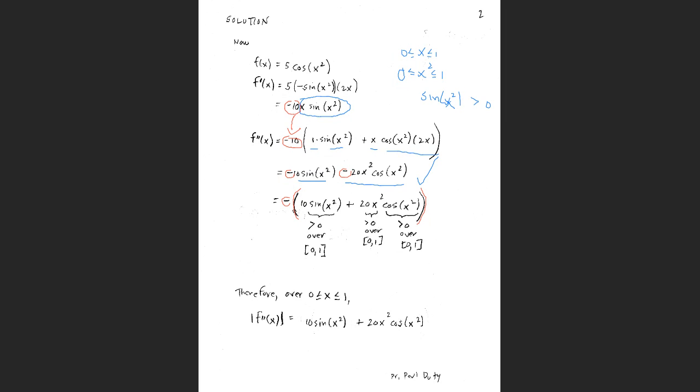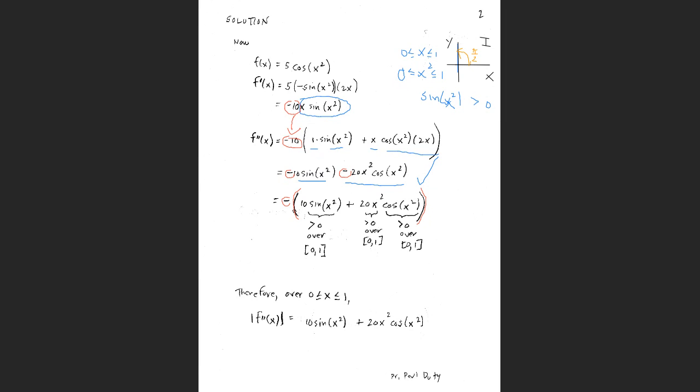If you look at the first quadrant, any angle from 0 to 90 degrees, which is pi over 2, the sine of any angle between 0 and 90 degrees is positive.